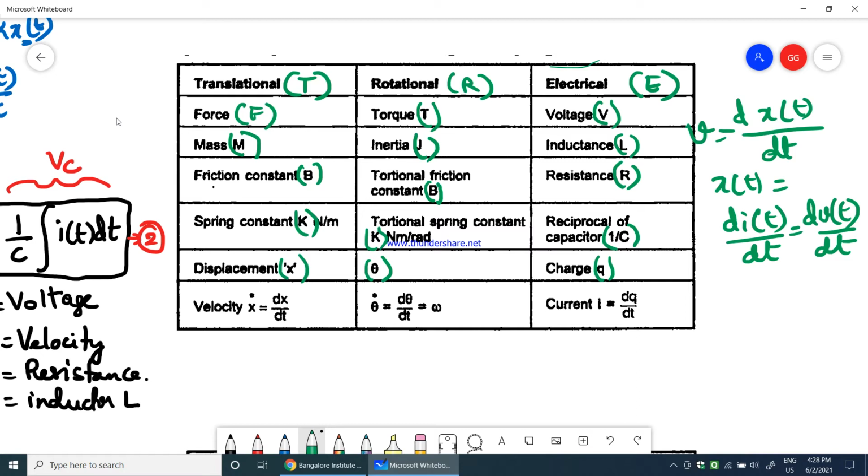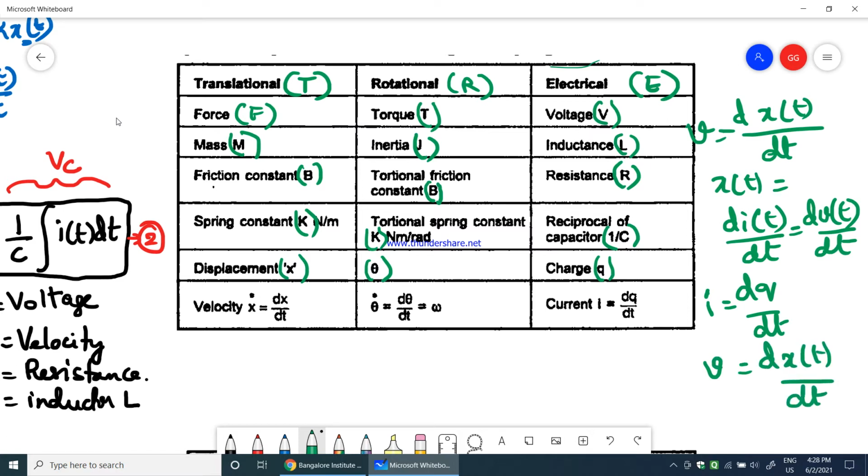Now what is current? Current is nothing but dq by dt, right? The current I equals dq by dt. Similarly, that is equal to voltage, which should be equal to dx of t by dt.